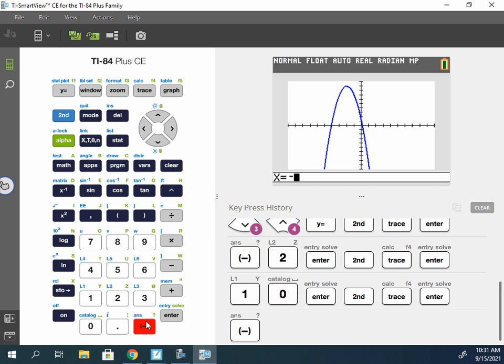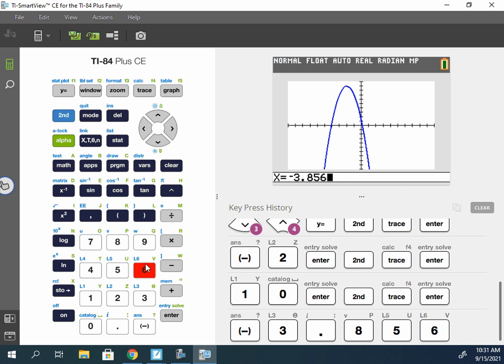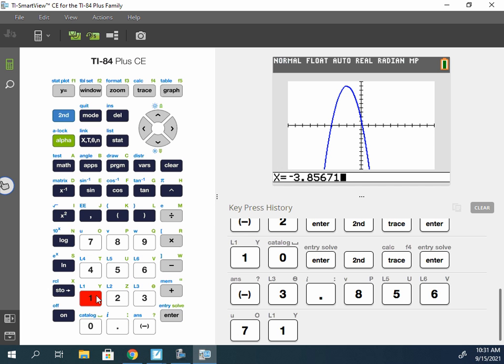So let's say -3, well, 3.85671. Because that's definitely not on the table, is it? And if I hit enter, the y value is 2.105256. It was calculated for us.